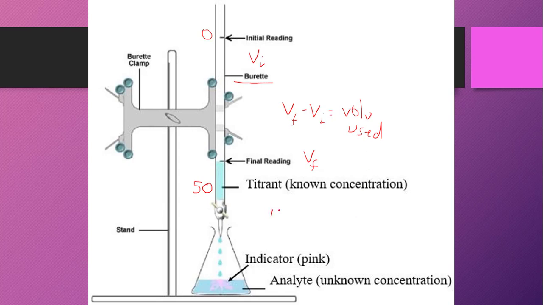Since moles divided by liters equals molarity, molarity times liters equals moles, you now know the moles of the titrant, and from that you can calculate the moles in the analyte. From that you can calculate the molarity of the analyte, or possibly the volume, depending upon the information you're given.